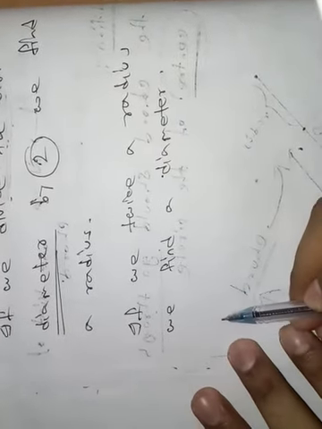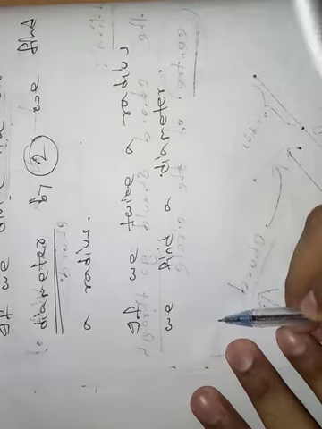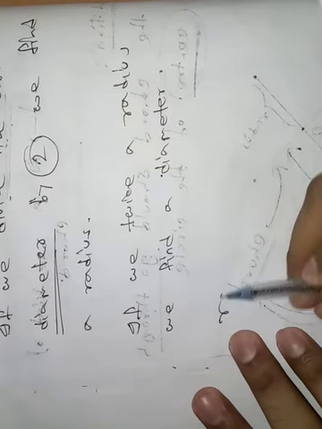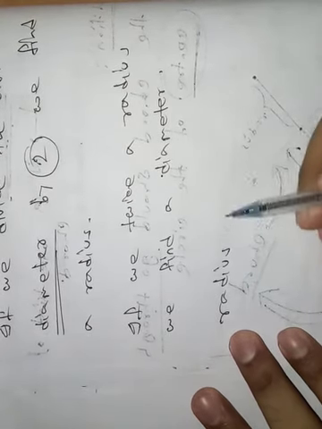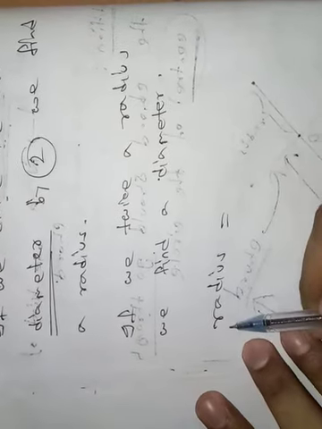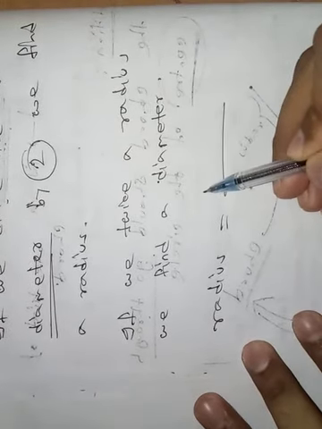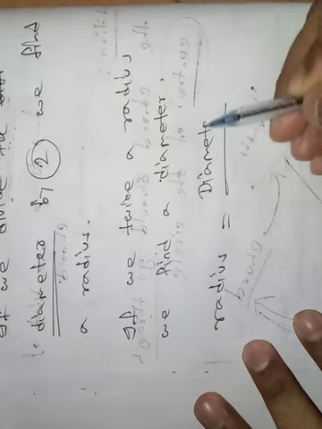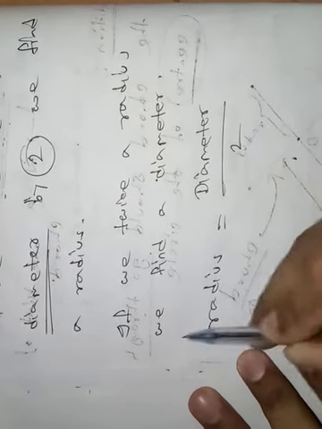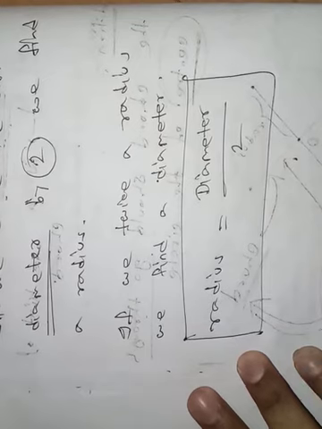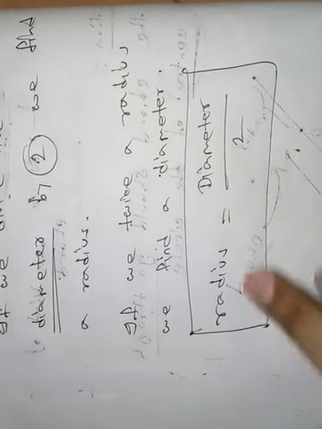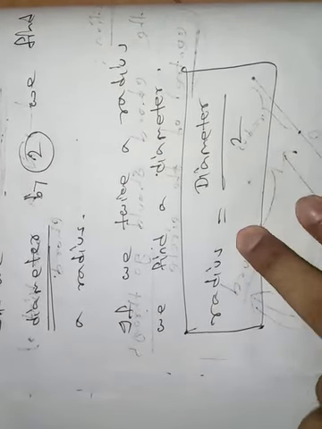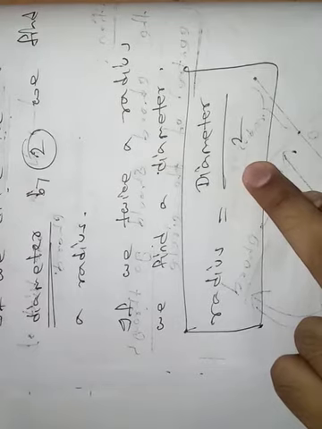So we have got a formula, that is radius is equal to diameter over 2. This is the relation between radius and diameter. Radius is equal to diameter over 2.